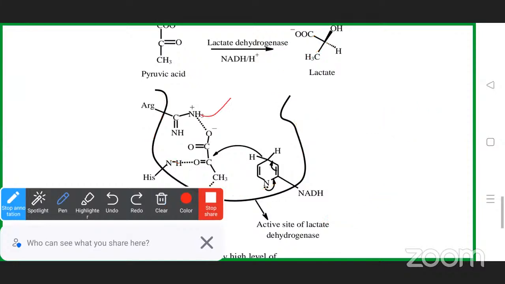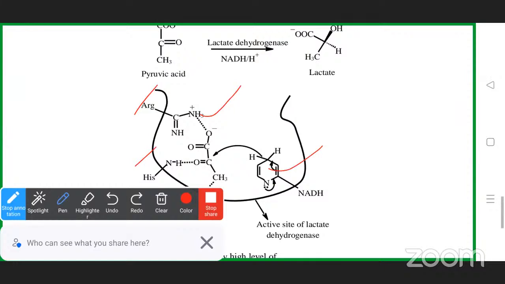This is your pyruvic acid, and these are the cofactors, and there are amino acid residues. The active site is composed of various amino acid residues, coenzymes and cofactors.